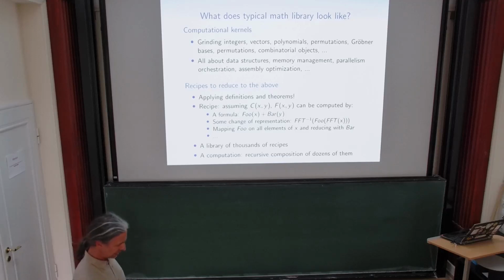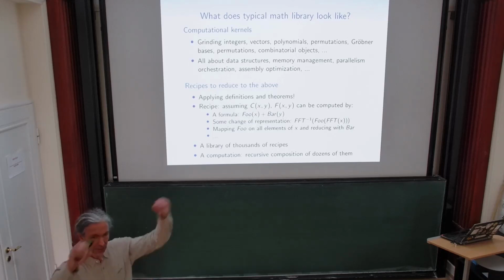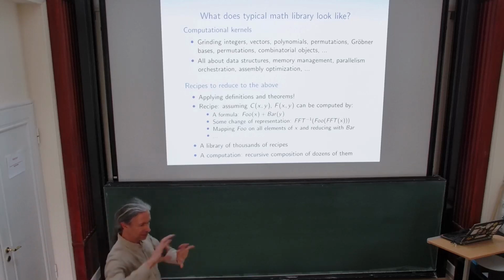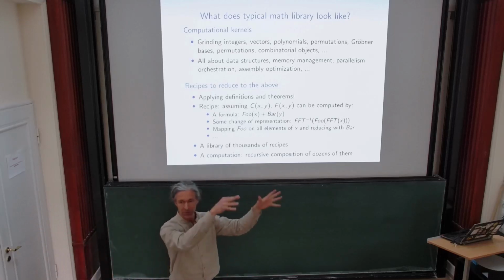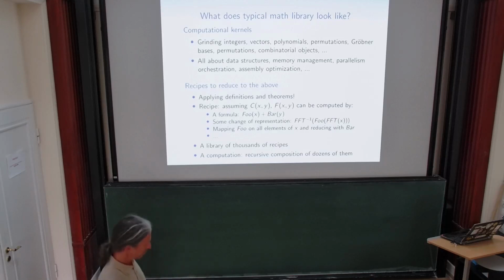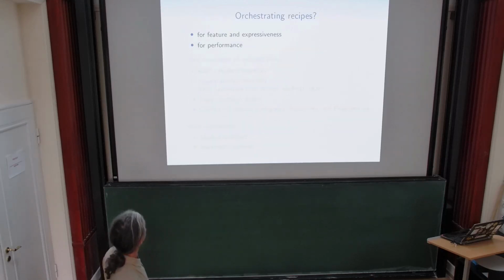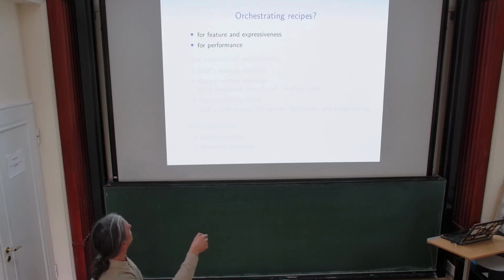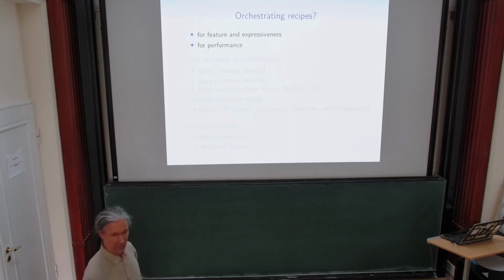And if we look in Sage, we can see a good part of Sage as being a library of thousands of recipes like this. When you do a computation, you pick up a bunch of recipes, you combine them together, and this reduces your problem to heavy lifting down there. The question is how to orchestrate those recipes to have nice features, to have expressiveness, and try to keep some performance.